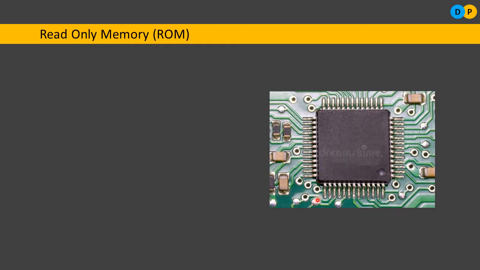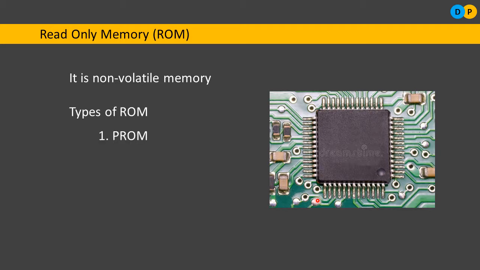These are vital information which we cannot erase. This is permanent in nature, and this is required for the computer to perform some of its preliminary tasks. So that's why these contents need to be preserved in ROM. That's why it is referred to as read-only memory. Next, it is a non-volatile memory.